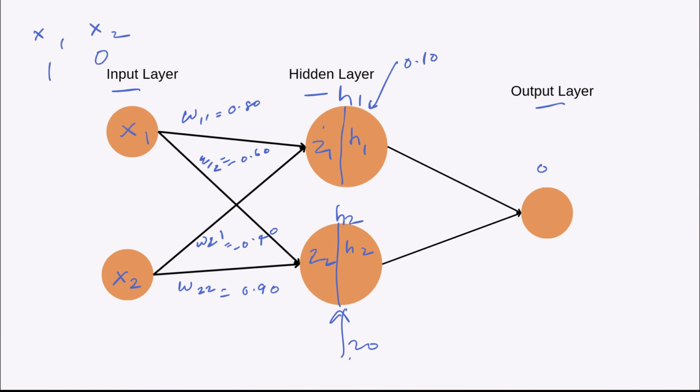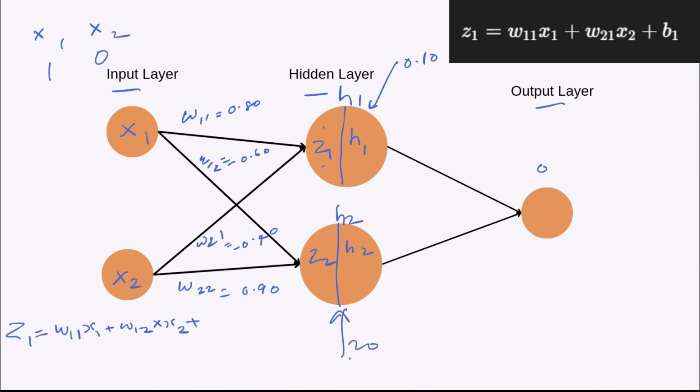Now let's calculate the Z1. The formula is W11 into X1 plus W12 into X2 plus bias, that is equal to 0.80 into 1 plus the X2 is 0, so we don't need to calculate it, and B is 0.10, that is equal to 0.90.